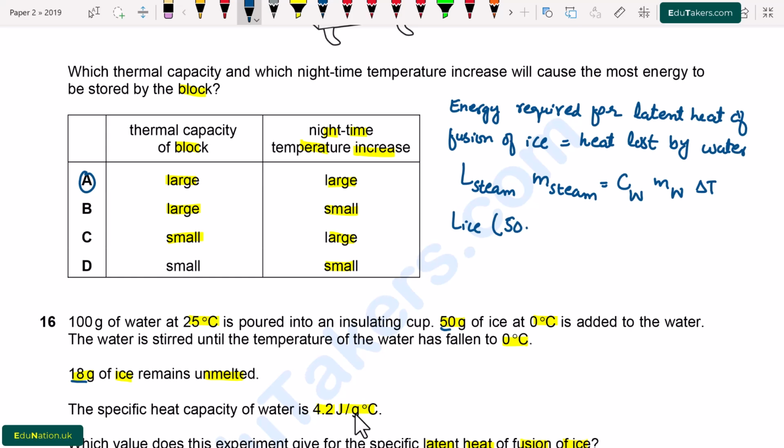So mass will be 50 minus 18 gram and the specific heat capacity for the water is given 4.2 multiplied by the mass of water is 100 gram and change in temperature is from 25 degree C to 0 degree C. So it will be 25 minus 0.